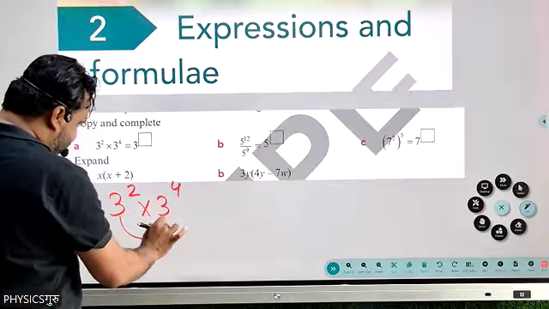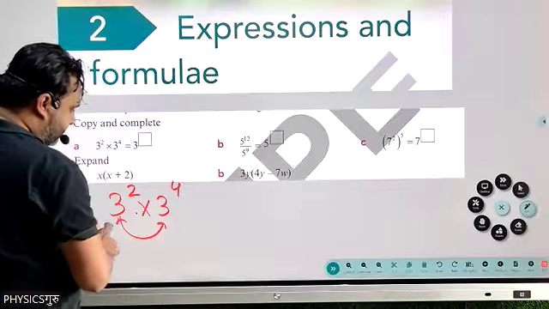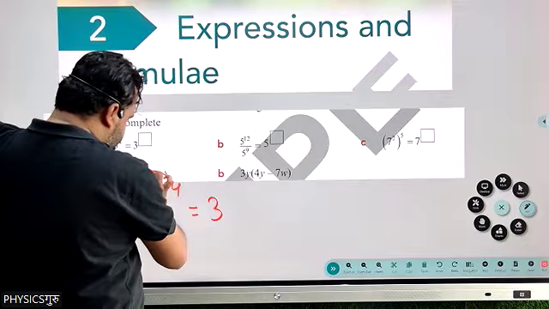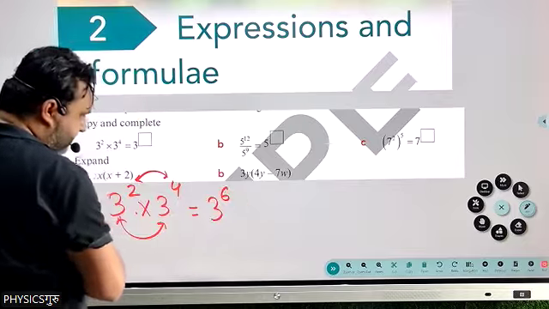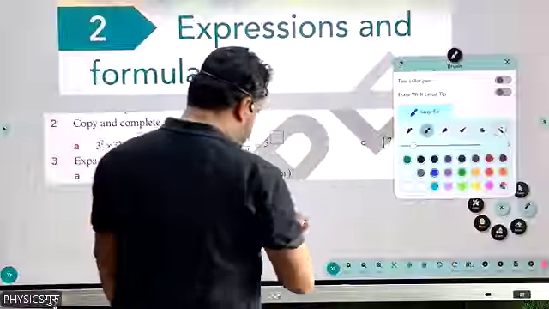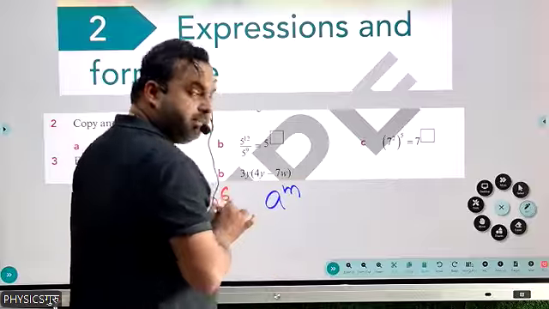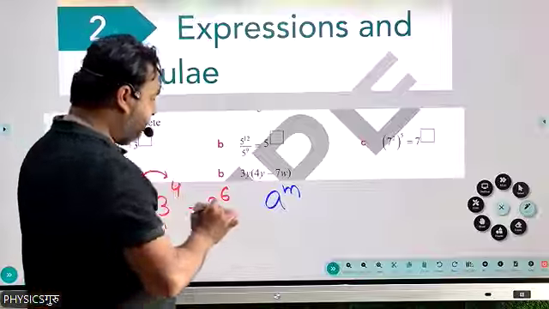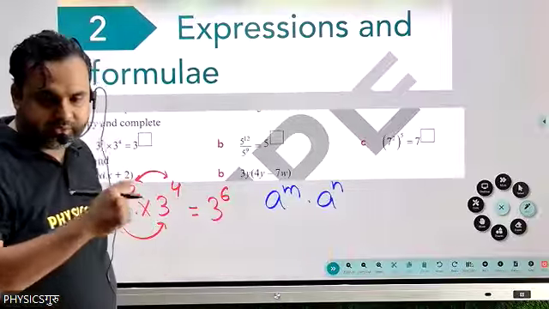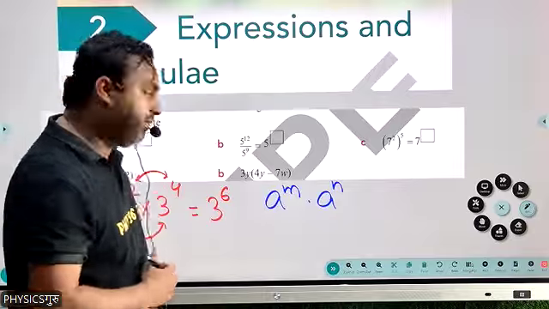So if base is same, simply add the powers. So 4 plus 2 is 6. Now what is the rule? The rule says that a raised to the power m times a raised to the power n.